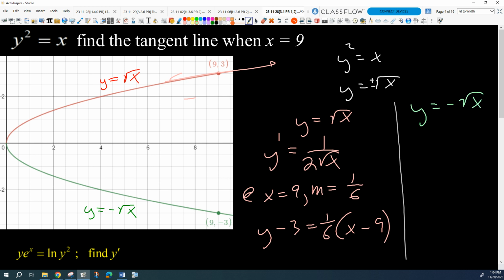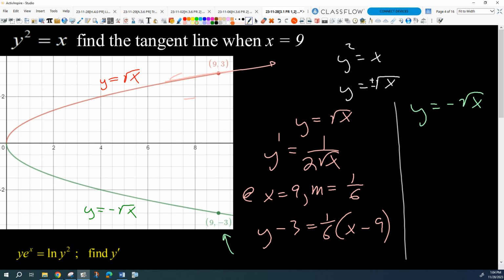So I'd have to do all that similar work for this function also, wouldn't I? So what's that going to give me for a point? Well, if I plug in 9, I'm going to get minus 3. So I get this other ordered pair down here, right? Because there's two ordered pairs that have an x coordinate of 9, right? Because this is a non-function. It violates the vertical line test, doesn't it? Right?